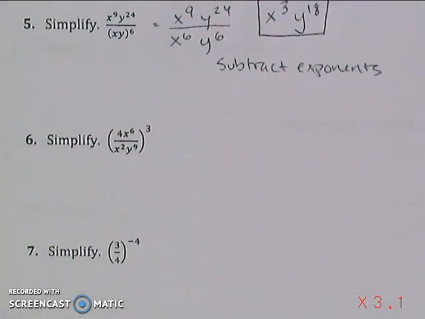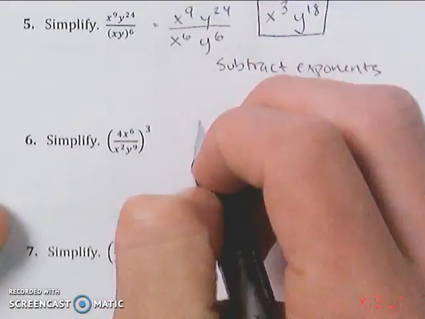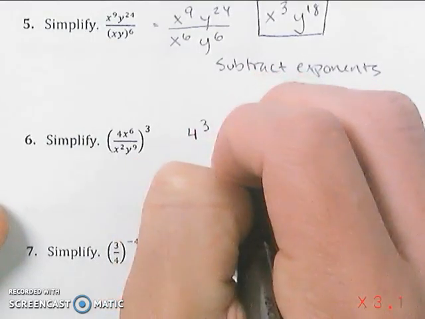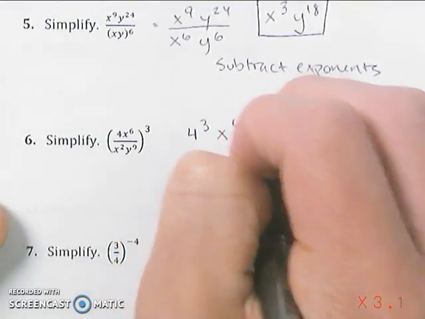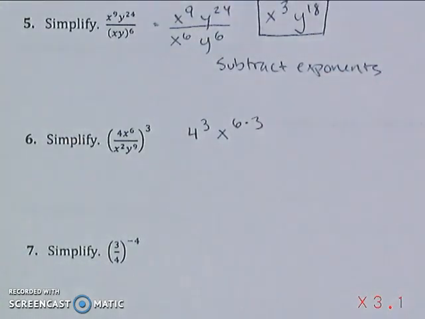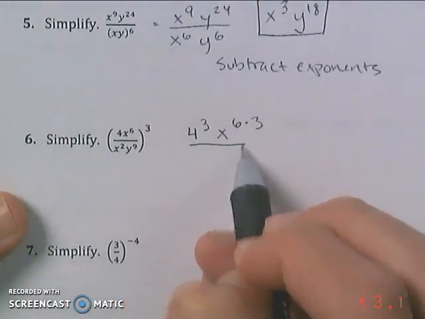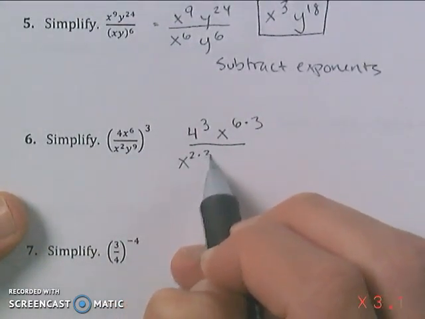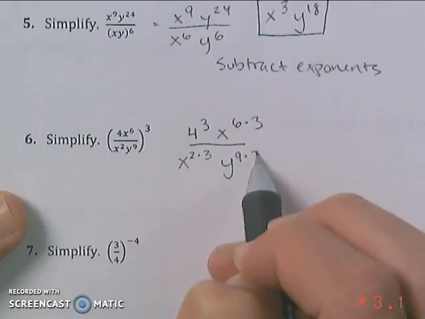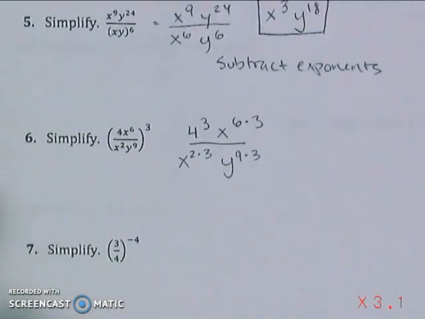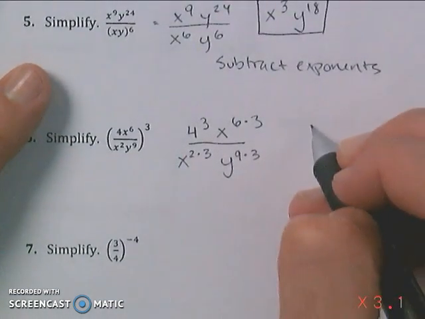Number 6, we have a 3, and it's going to distribute to each piece. So I'm going to get 4 to the 3rd power, x 6 times 3. When you do a power to a power, you multiply the exponents together. Do it to the bottom, that's going to be x 2 times 3 and y 9 times 3. Okay. Go ahead and take care of all those things. 4 to the 3rd power is going to be 4 times 4, which is 16. And then 16 times 4 again, it's going to be 64.